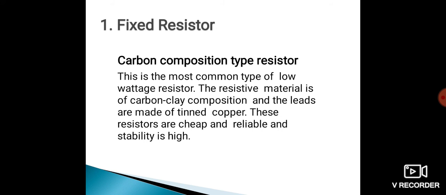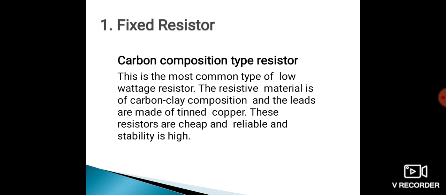This is the most common type of low wattage resistor. The resistive material is a carbon clay composition, and the leads are made of tinned copper. These resistors are cheap and reliable, and stability is high. So it is the commonly used resistor having low values or low wattage.